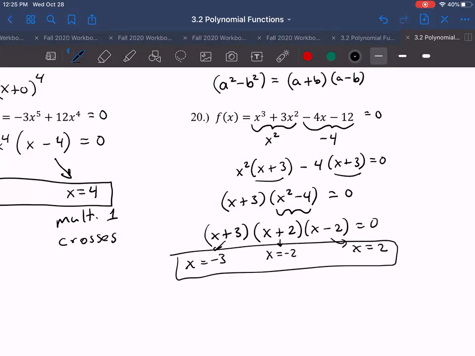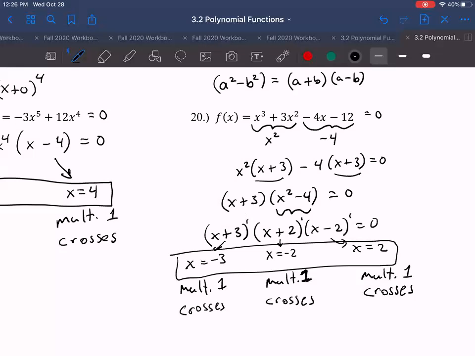They each have a multiplicity of 1, because they all have that same exponent to the first power up there. And that means they each cross. So it crosses, crosses, crosses, just like that. Okay.